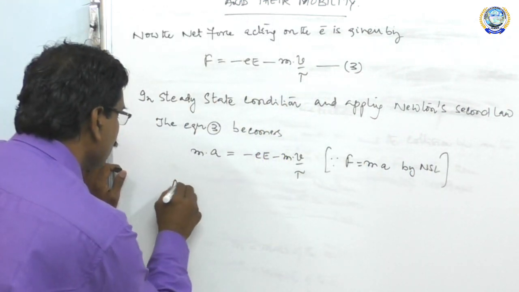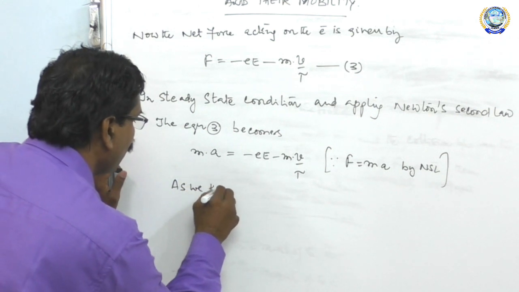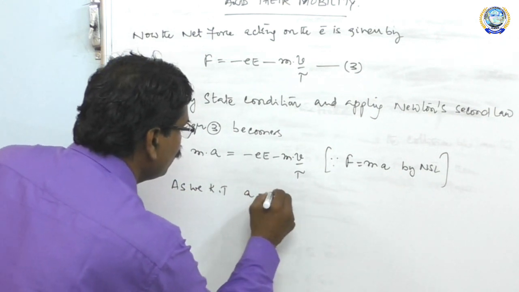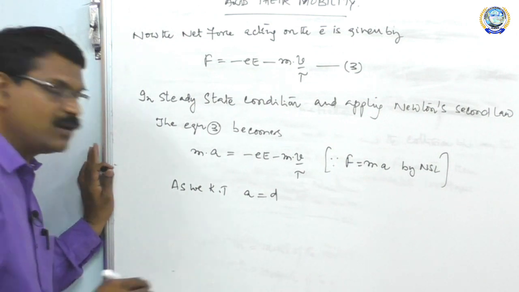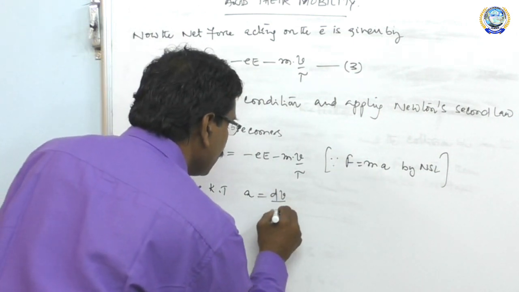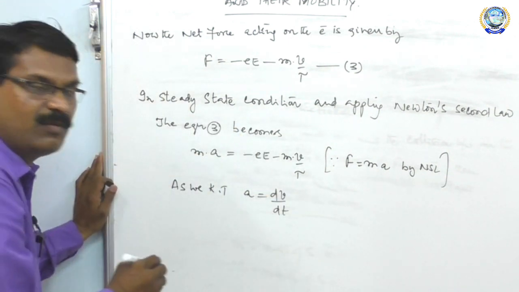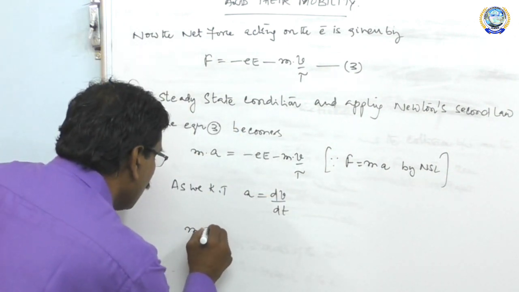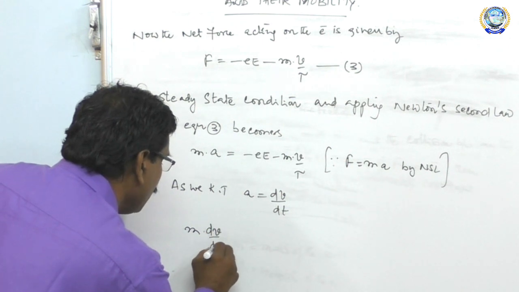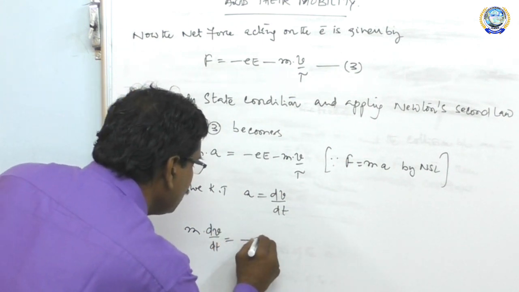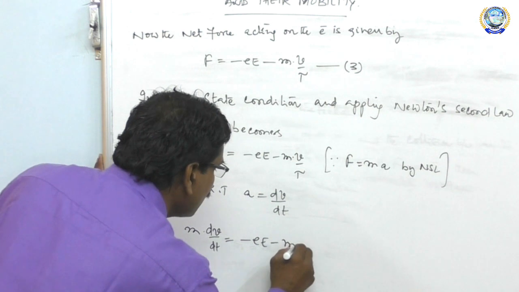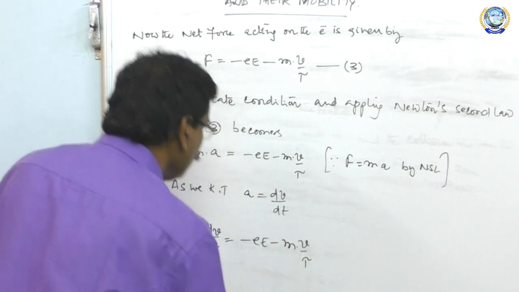As we know that a is the first derivative of velocity of the electron, I can write a is equal to dv by dt. Substituting in the above equation, I get m dv by dt is equal to minus e E minus m v by tau.